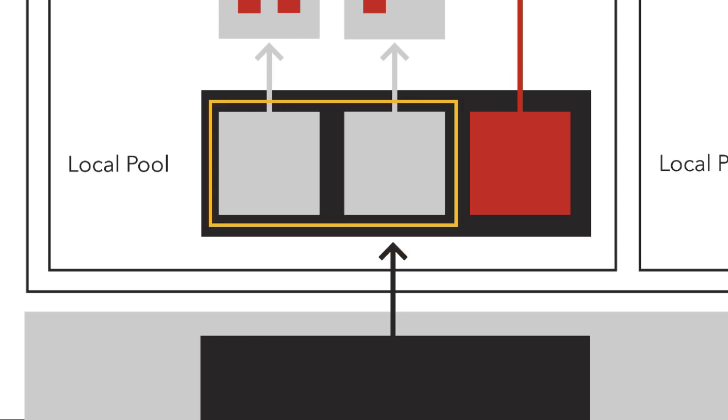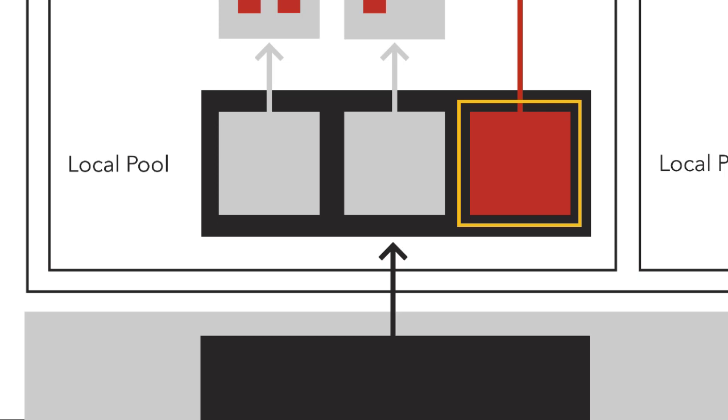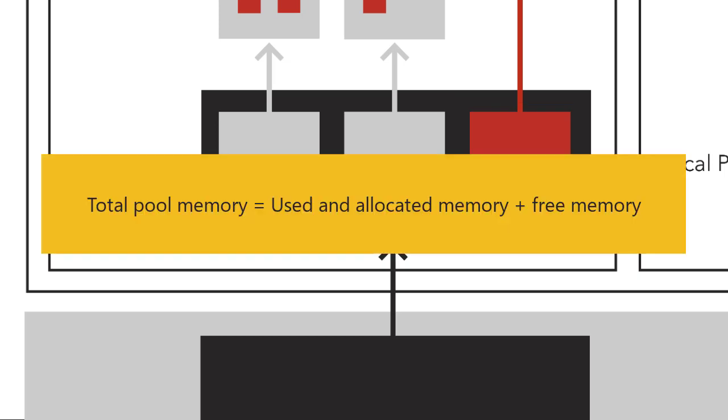Gray represents memory allocated from the pool to the pool cache used to fulfill small process memory requests. Red represents large memory requests directly made by the process. Large requests bypass the pool cache to improve performance. The total pool memory is the sum of used and allocated memory plus free memory.